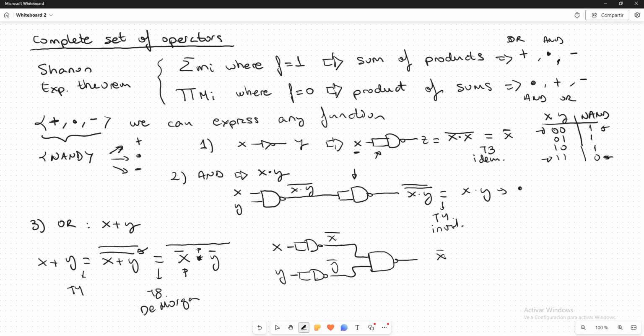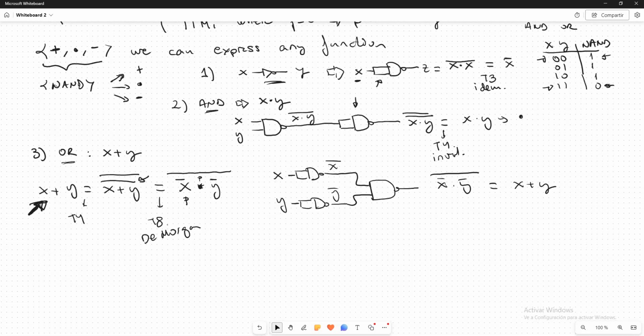So we are going to have the negated product of the inputs, and following this reasoning, we know that this is equal to X plus Y. So since we can perform the inversion, the AND and the OR operations with NAND gates, the NAND gate set is a complete set of operators, and we can build any function possible just using interconnected NAND gates.